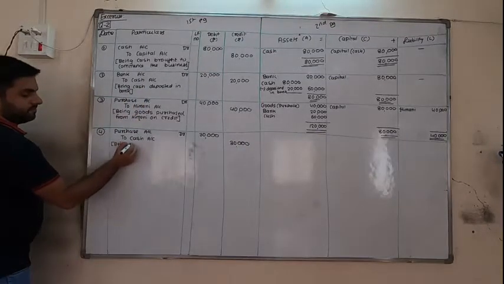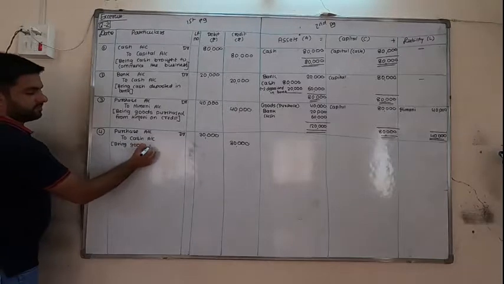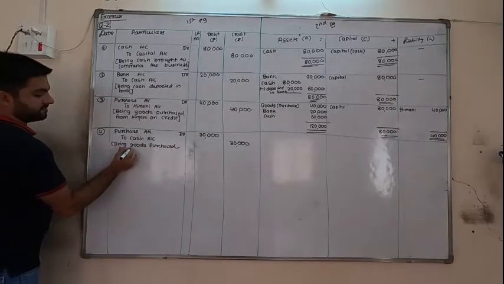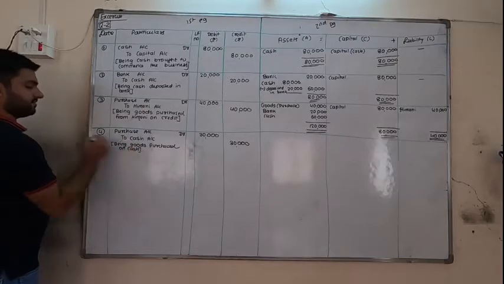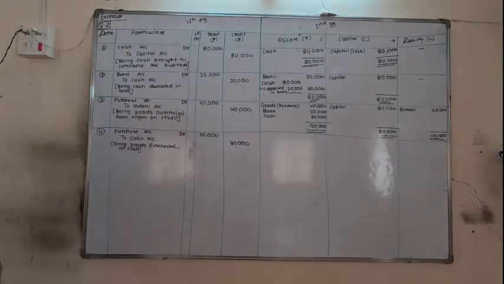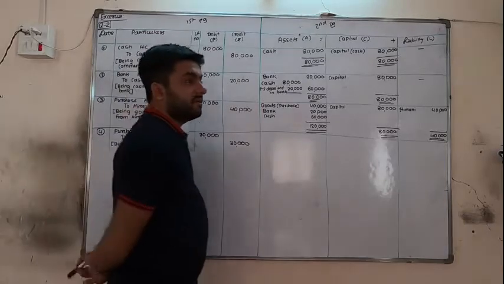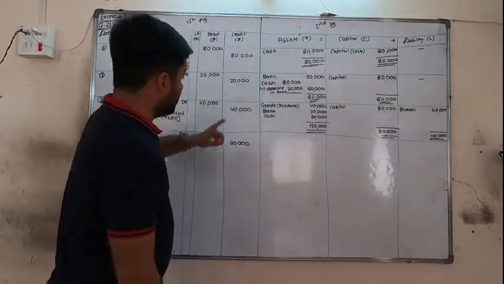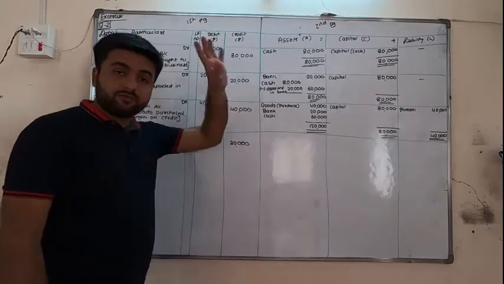B. Goods purchased on cash. Yes. Now again the effect. We are again purchasing the goods, so goods are coming in, goods will increase. Goods were 40,000, now goods will increase.